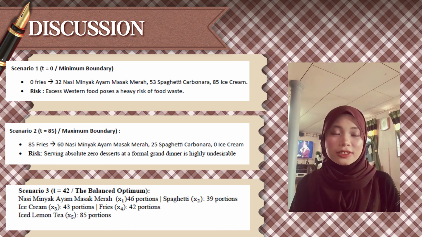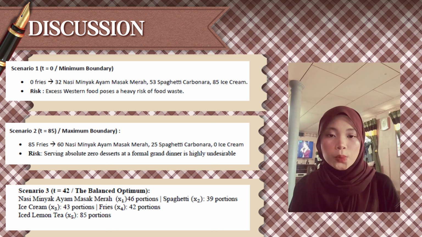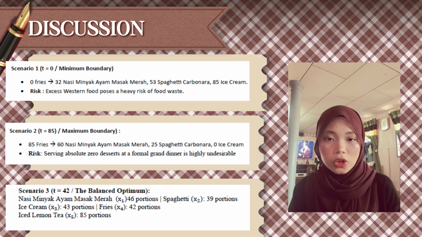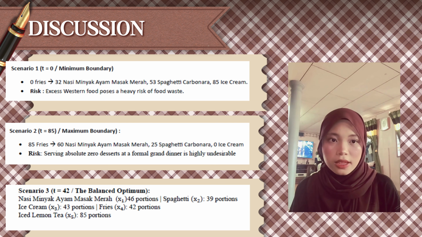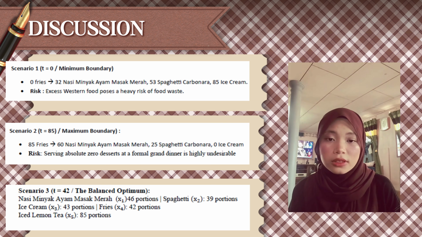To translate these geometric trajectories into practical decisions for our committee, we evaluate the absolute limits of our feasible line segment. In scenario 1, if we choose the minimum boundary where t equals 0, we order 0 fries, but the system forces us to buy 53 portions of spaghetti carbonara.